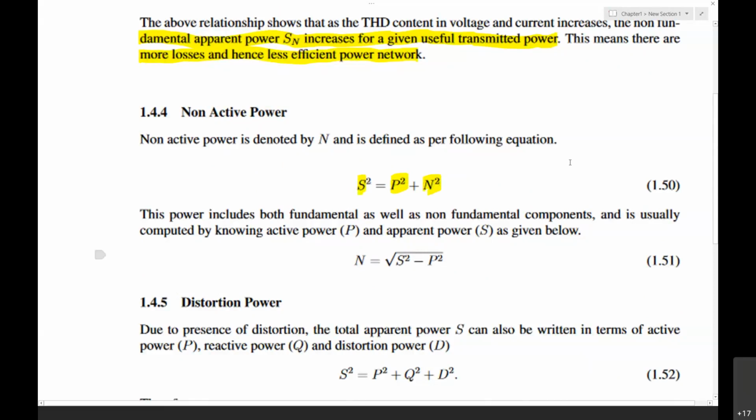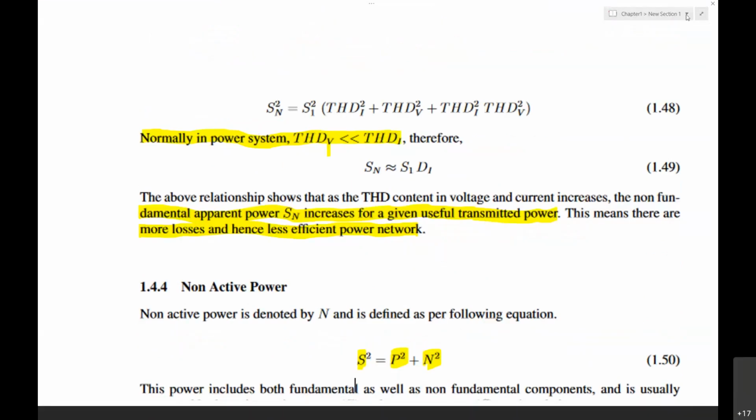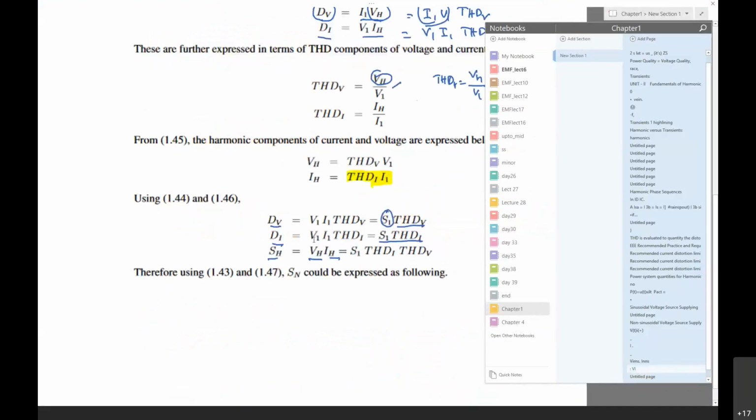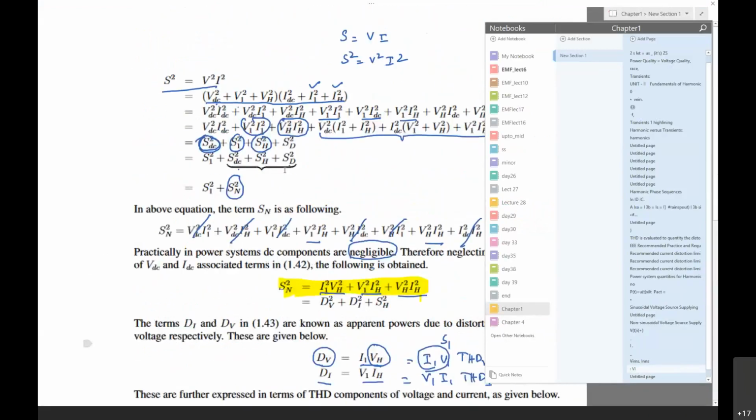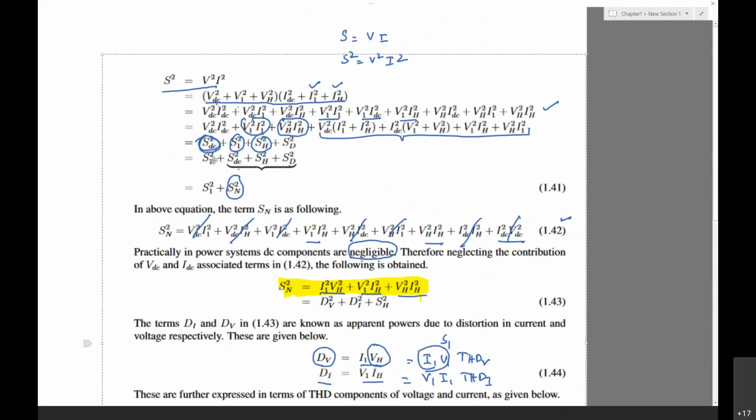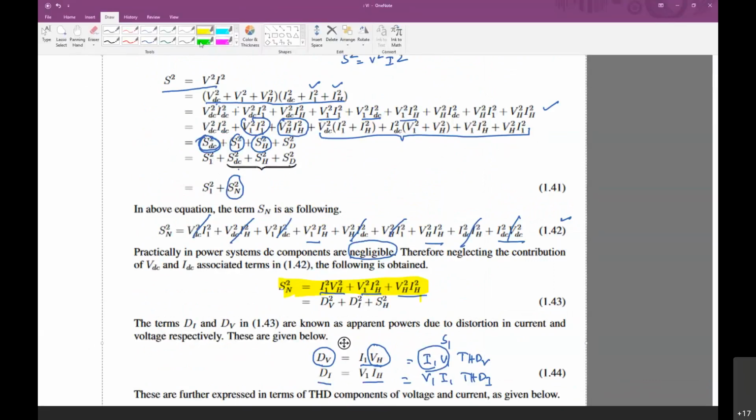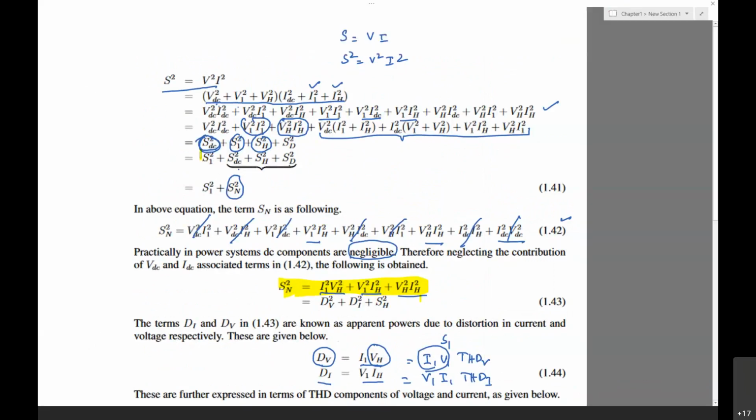When you go to this particular equation, in these particular terms, we have S1 square, and then SDC square plus SH square, all that.